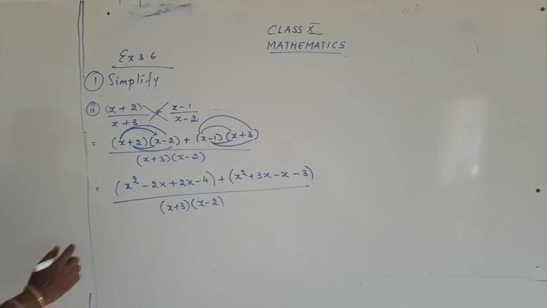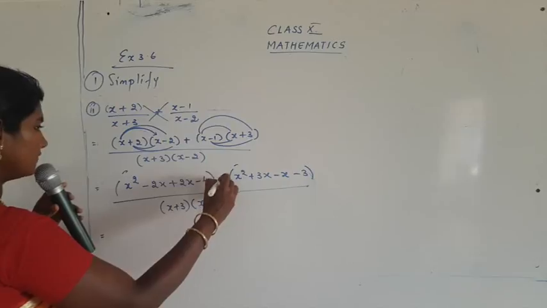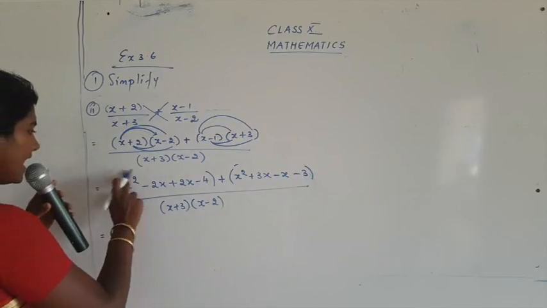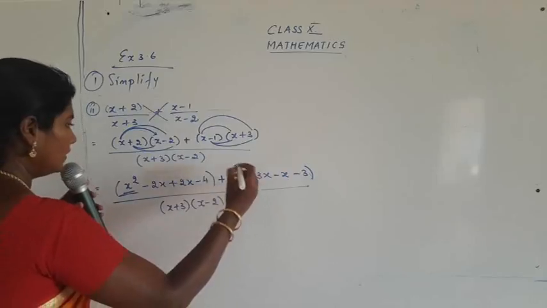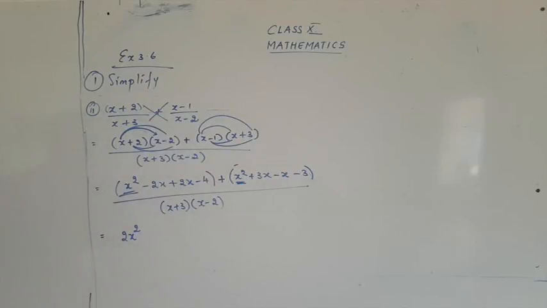Now let's see the like terms and try to cancel out if anything is possible. We have x square and x square. Since the main sign is positive, no changes will be there for the second part. So x square plus x square gives 2x square. Now let's see the x terms.